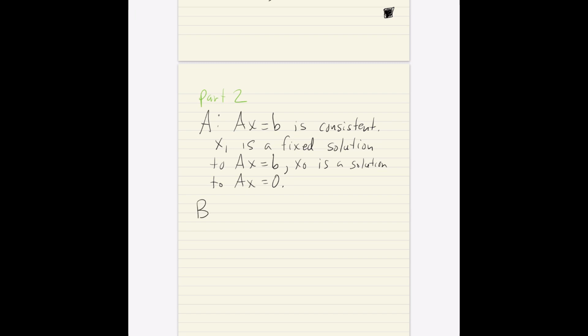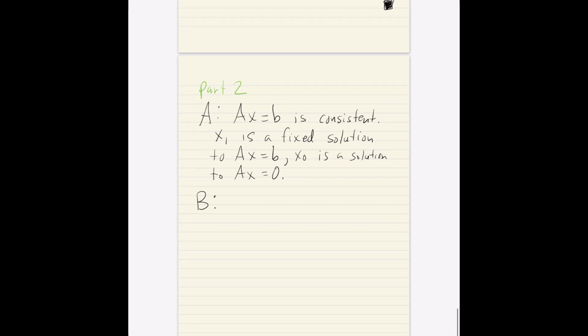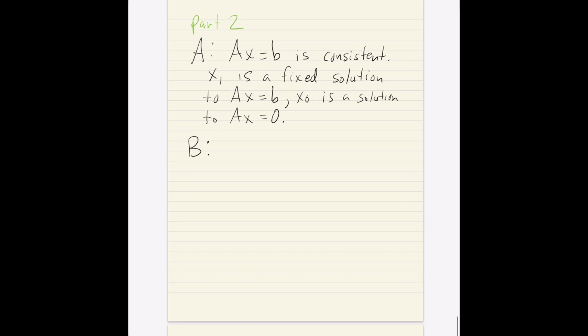Now the conclusion here is different. It's a little different than part 1, although it sounds very similar.